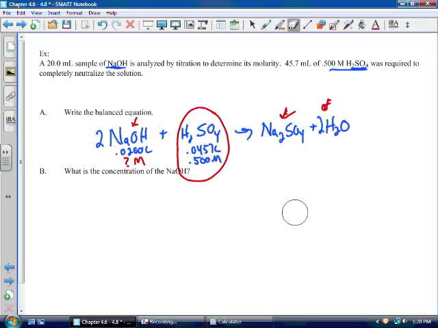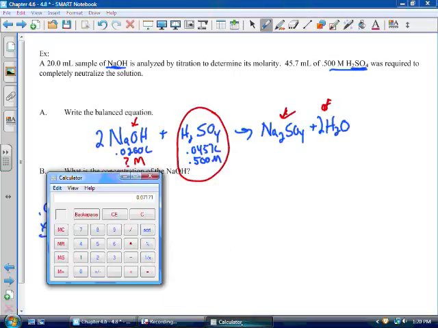So looking at your diagram again, follow along. Starting to go from molarity given to moles given, it says to multiply molarity times volume. So 0.0457 liters times 0.500 gives me 0.0457 times 0.5 is 0.02285.